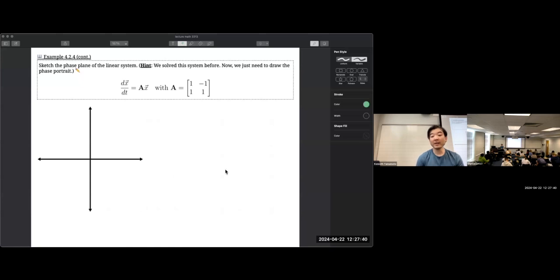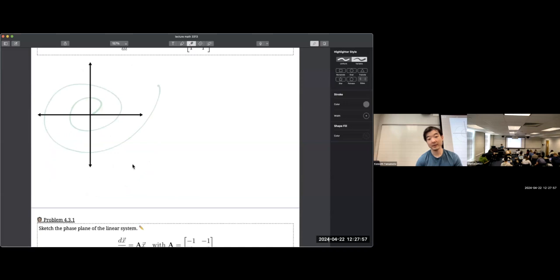Now, there are a couple ways that I can actually draw a trajectory that spirals out. So you could say it's going to look like this. The other way is it could look like this. So just draw it down here.